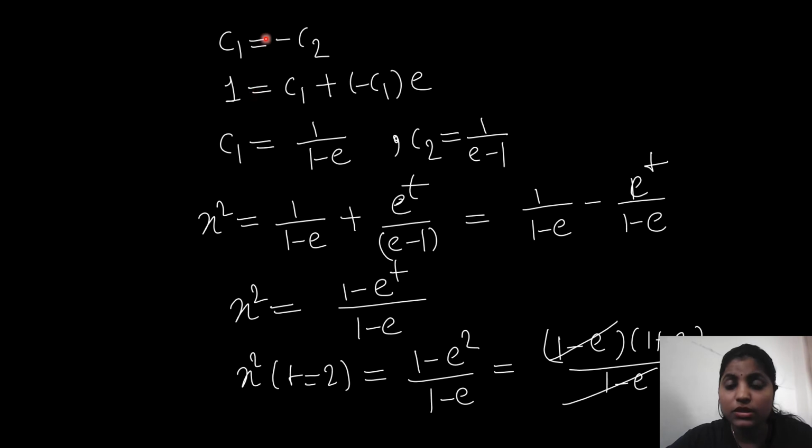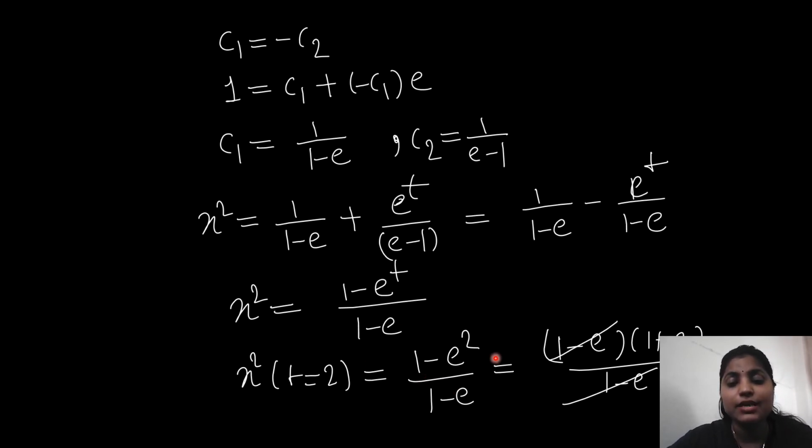So after solving, you will get c1 is equal to 1 upon 1 minus e, c2 is equal to 1 upon e minus 1. Substitute the values in the solution and you will get x square is equal to 1 minus e to the power t upon 1 minus e. Now you have to find out x at t is equal to 2. So put t is equal to 2 over here.